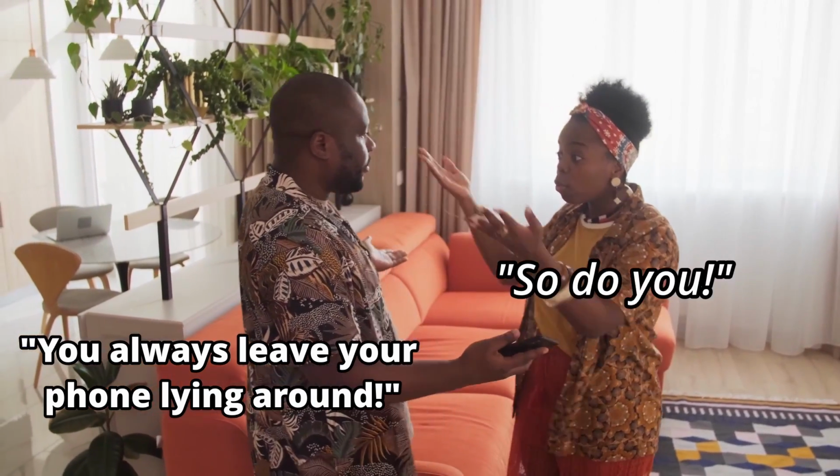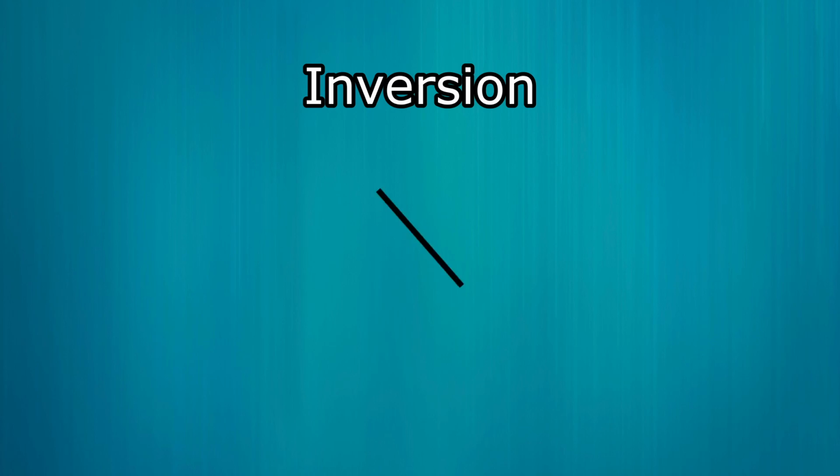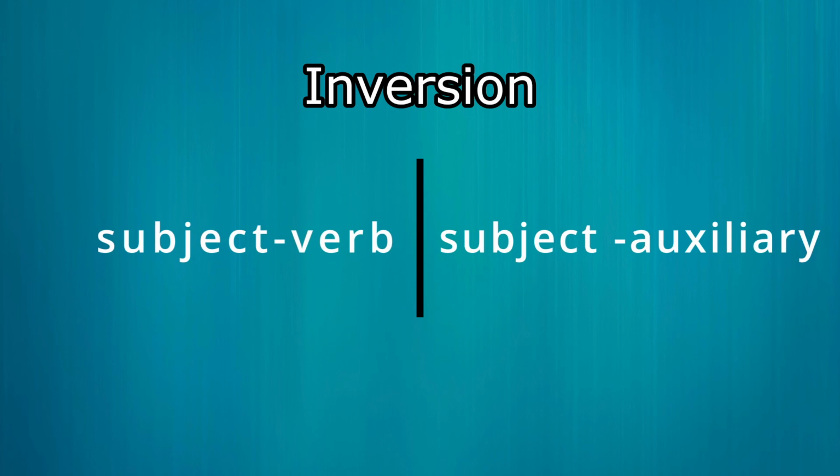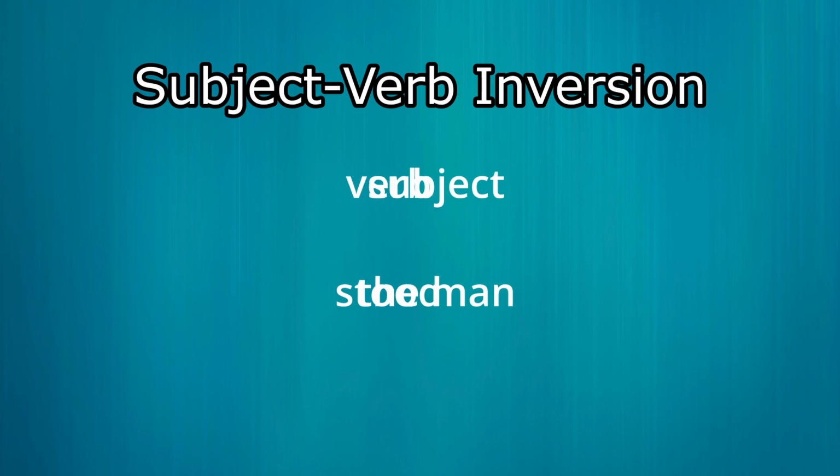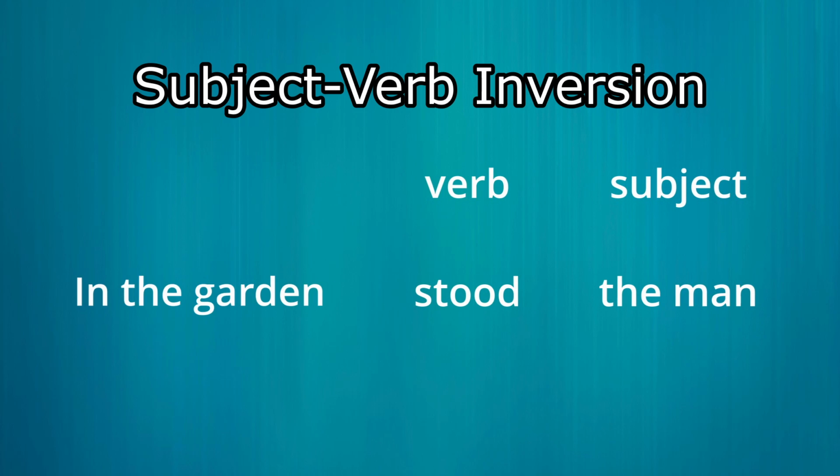Like using inversion after so or neither, this kind of inversion is a form of subject auxiliary inversion. As a quick explanation, inversion can happen in two basic ways, what are called subject-verb inversion and subject-auxiliary inversion. They indicate what parts of the sentences are switched around. So in subject-verb inversion, the verb is placed before the subject.